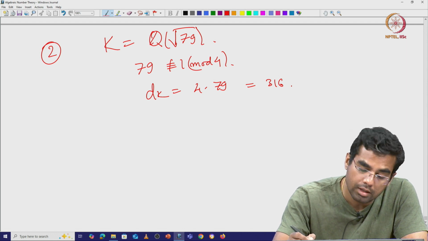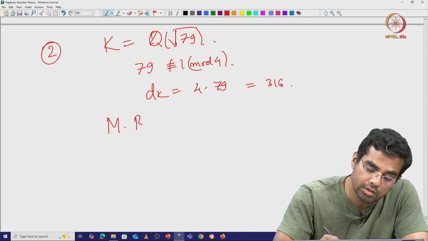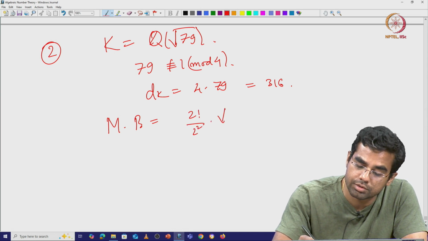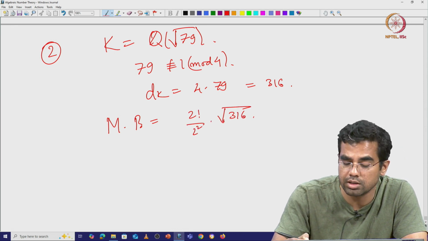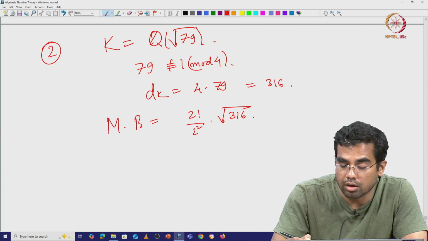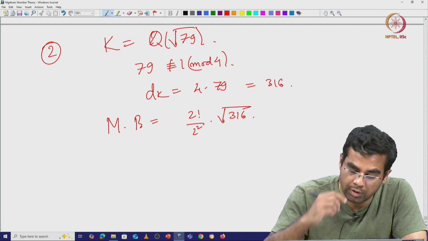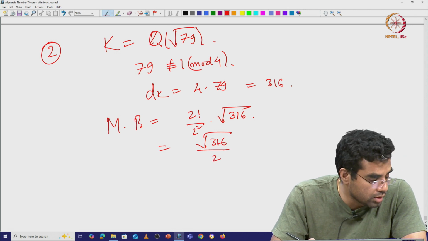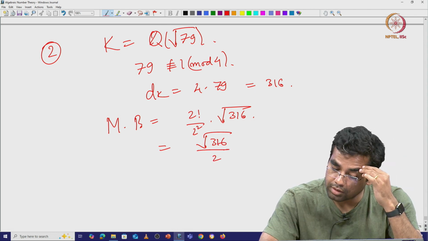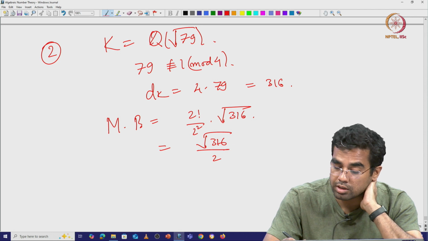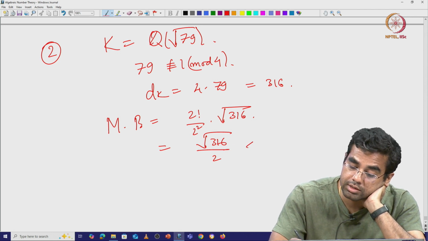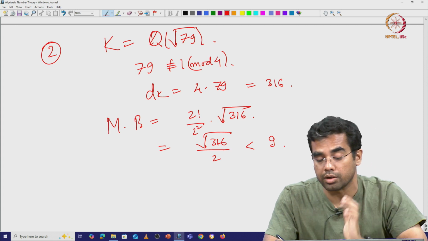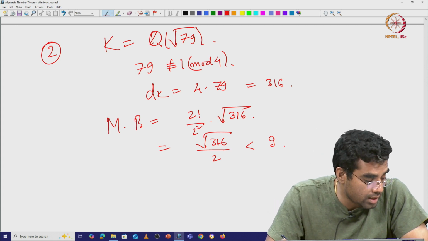And so if you look at the Minkowski bound, this is 2 factorial by 2 square times square root of 316, which is square root of 316 by 2. 18 square is 324, which means that this is less than 18 by 2, which means that it is less than 9.